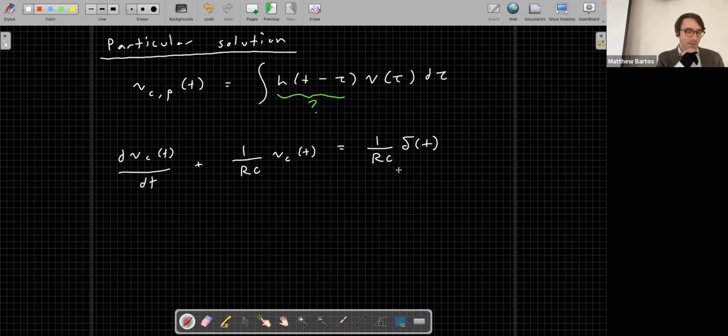Okay, so one way to think about the system, and just to be clear, for the particular solution, Vc at time 0 we're going to consider as 0. So one way to think about the impulse response is you can think of it as being equivalent to determining the response of the system to an initial condition.